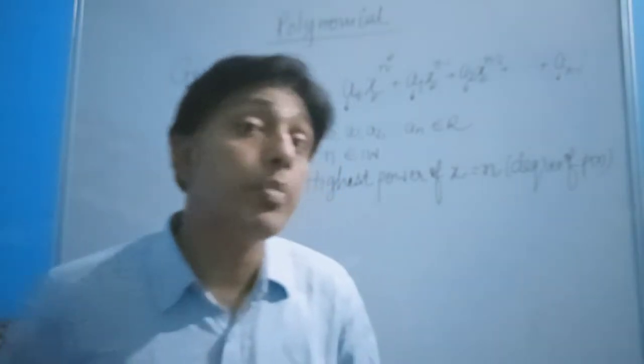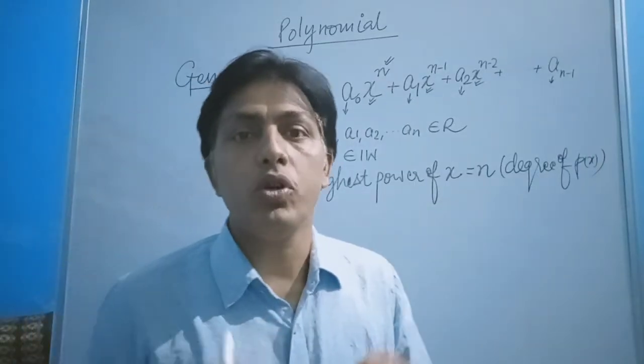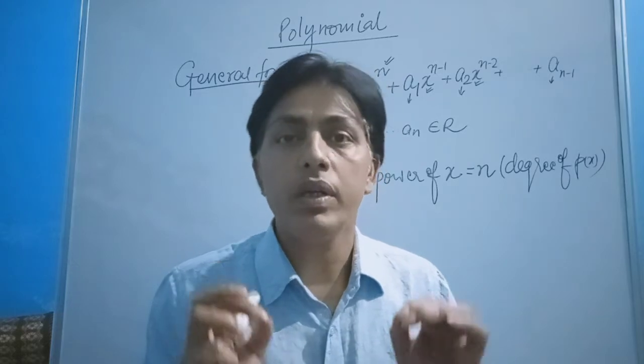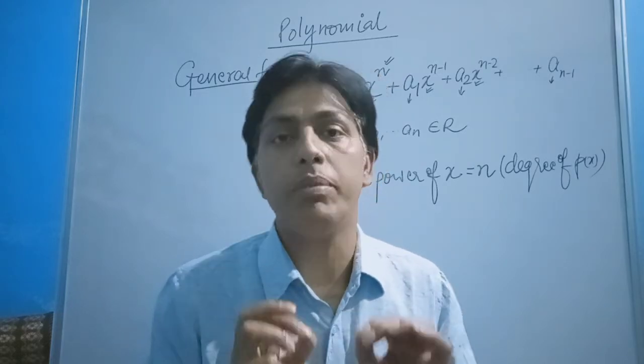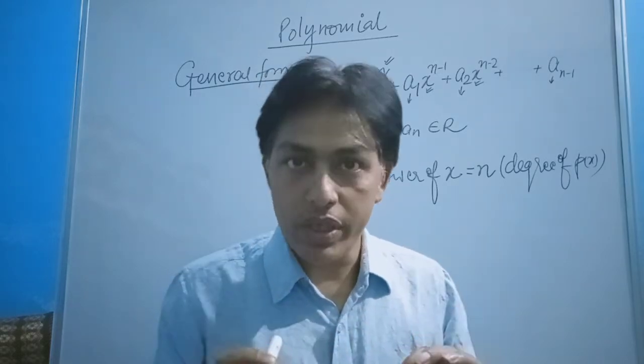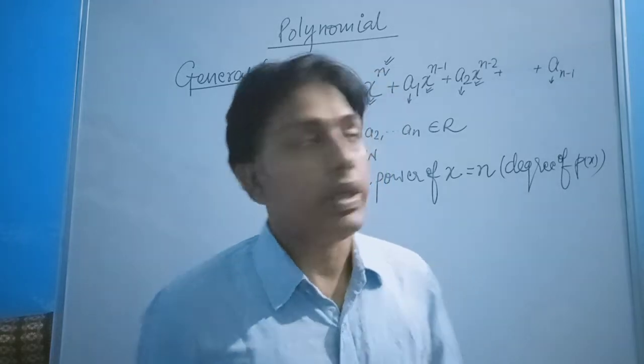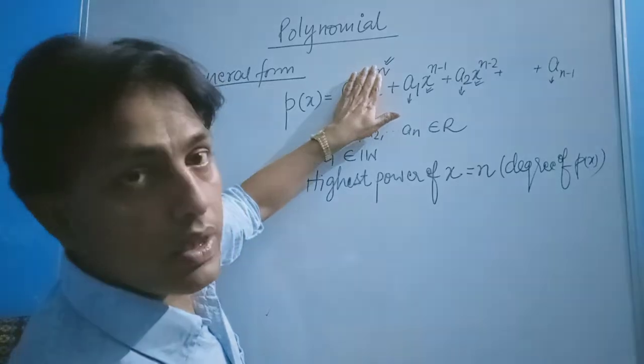So what is the degree of a polynomial? Degree of a polynomial is the highest power of the x variable. So degree is the highest power of the variable. Here the degree is n.